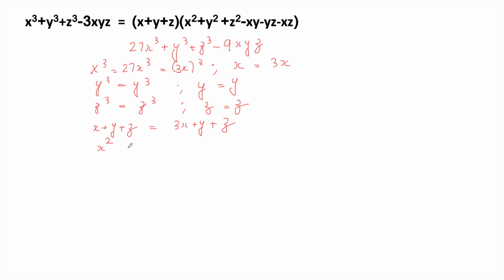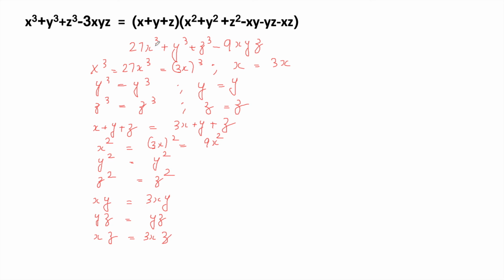And what is x square? That is 3x the whole square, 9x square. Y square, it is y square only. Z square only. Now we can find xy. Xy is 3x into y, 3xy. Yz is y into z, yz. Xz, 3x into z, 3xz. Okay, so all the terms we got here.